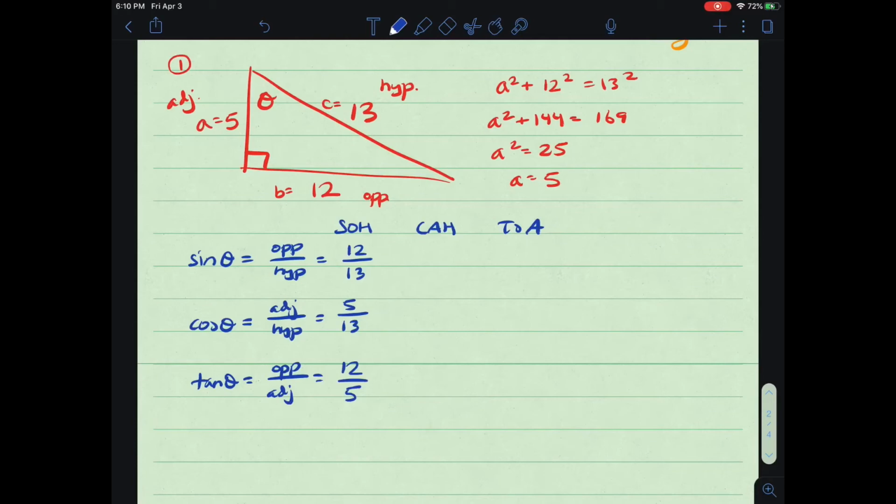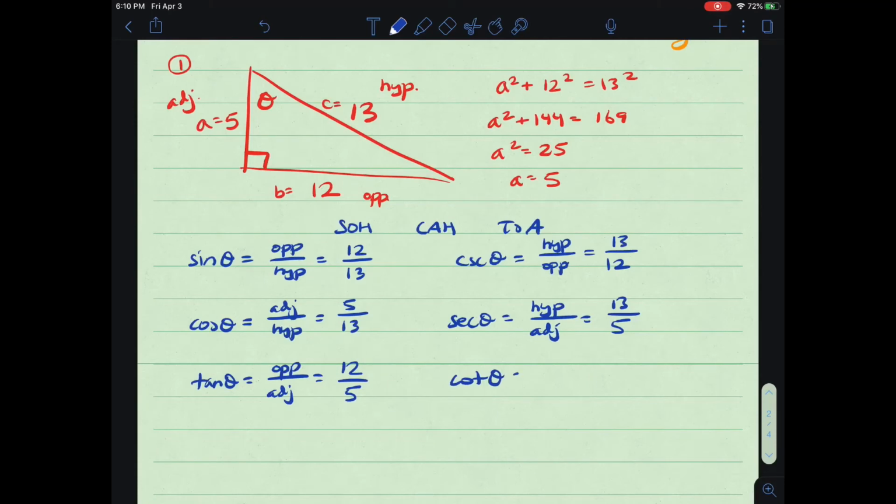But there's three more. We have cosecant of theta, and that's defined to be the hypotenuse over the opposite, and that's going to equal 13 over 12. Then we have secant of theta, which is defined to be the hypotenuse over the adjacent, which is 13 over 5.